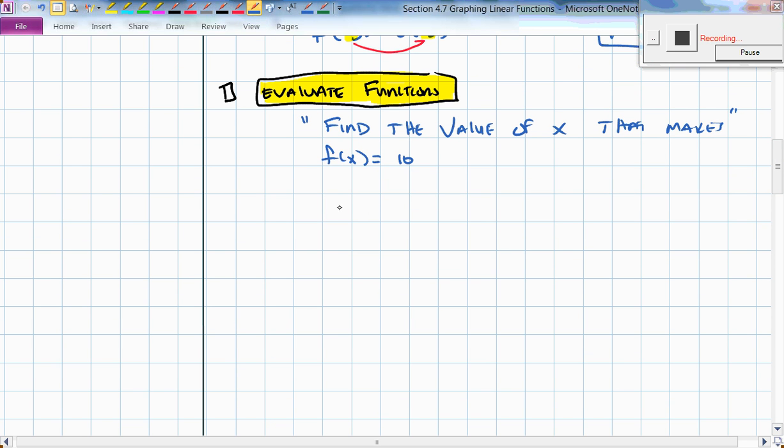And here's the function I'm going to give you: f of x is equal to 3x plus 1. I'm not asking you to evaluate a function like what's f of 0, what's f of 9. I'm asking you to find the value of x that makes the entire function equal to 10.